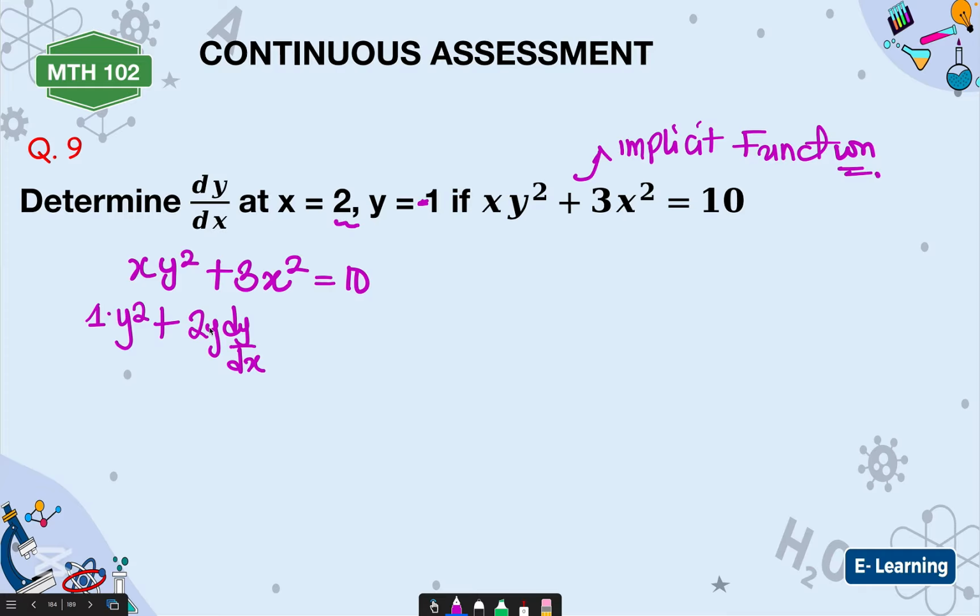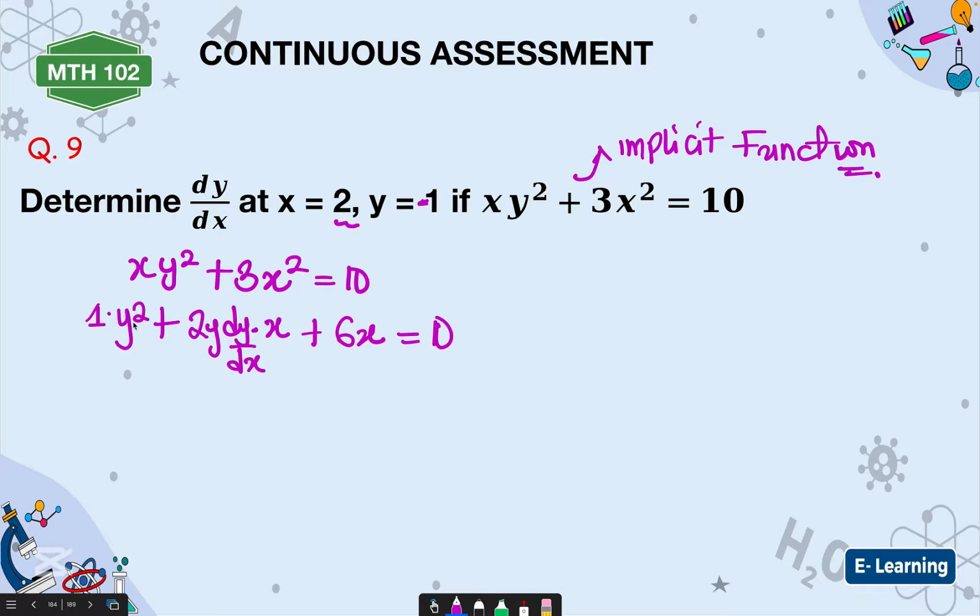Then multiply by what? This x here. You have differentiated this. I have taught you how to go about implicit functions before now. So when you differentiate 3x squared, it's going to give us 6x. When you differentiate 10, it's going to give us 0.